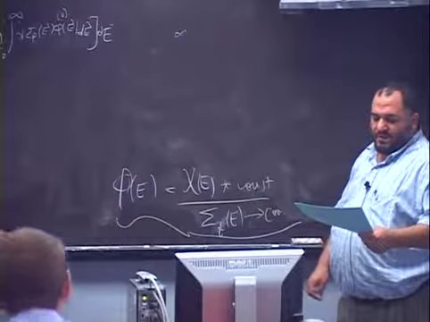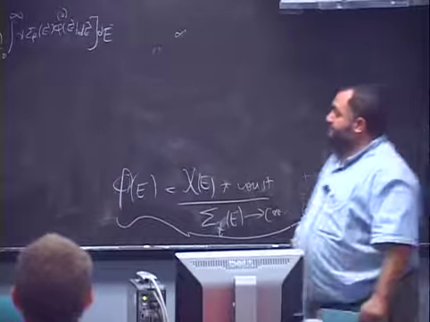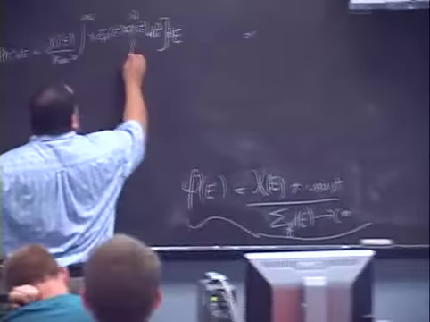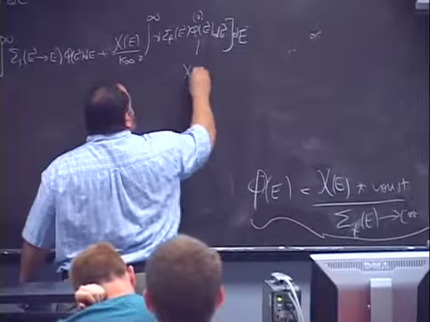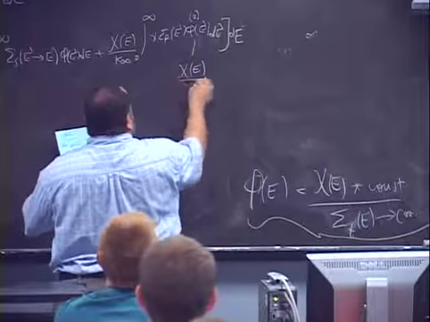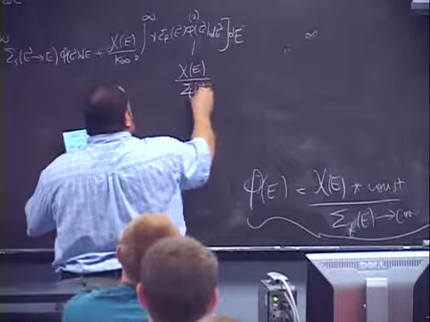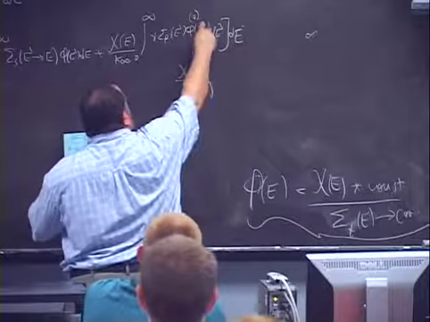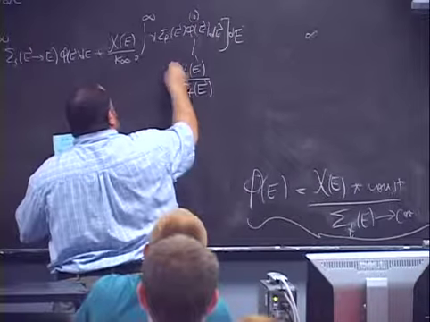Then what will happen? You take this flux as chi of E divided by sigma total, but you evaluate this flux at E prime, and there is a constant here.